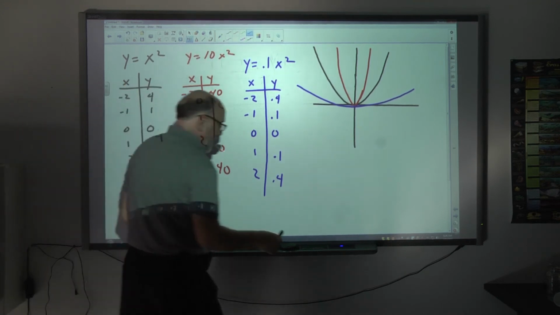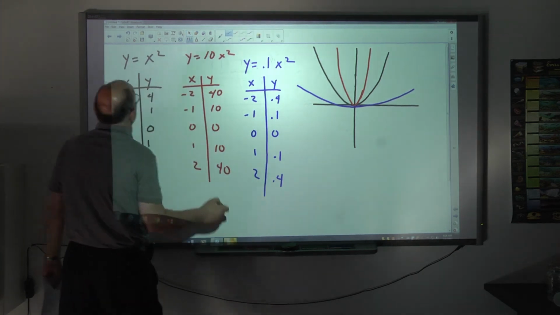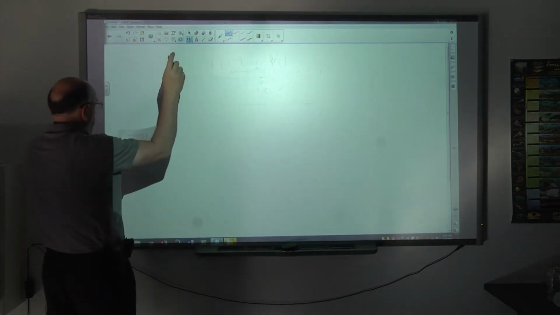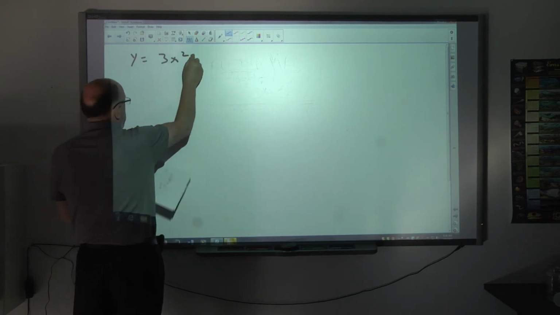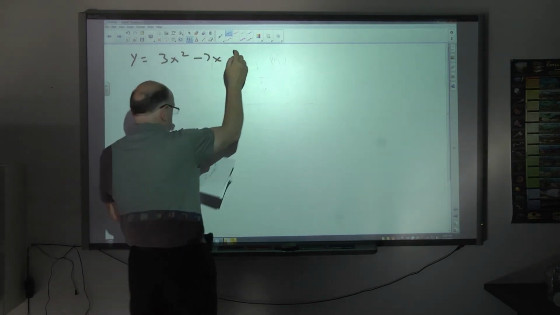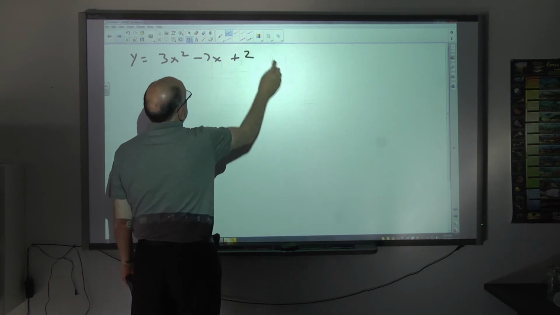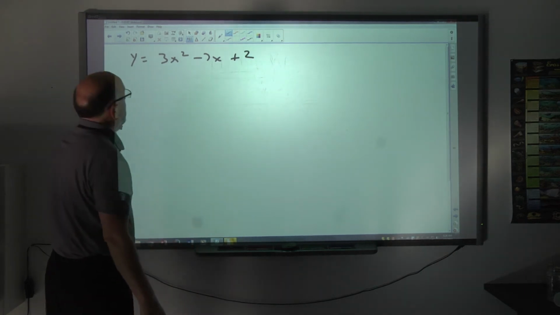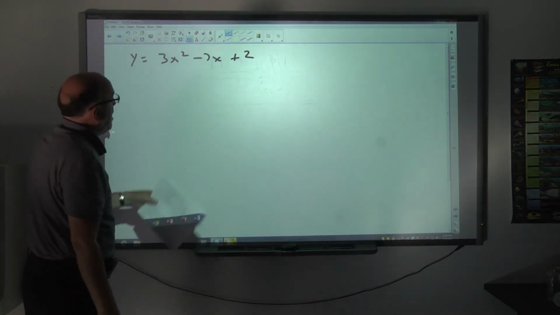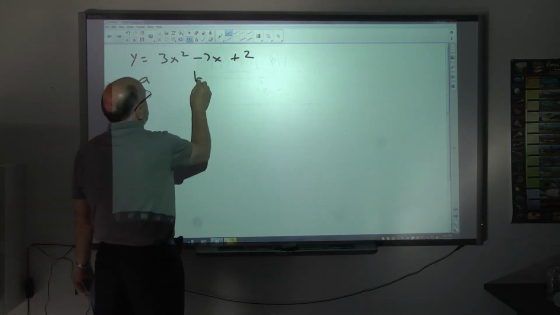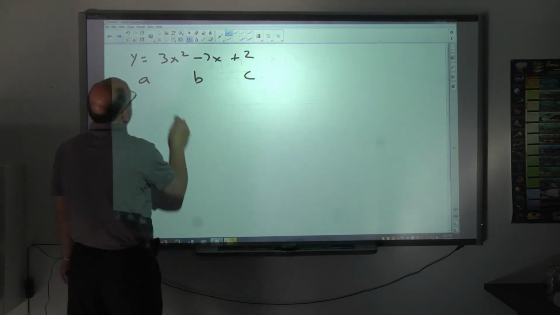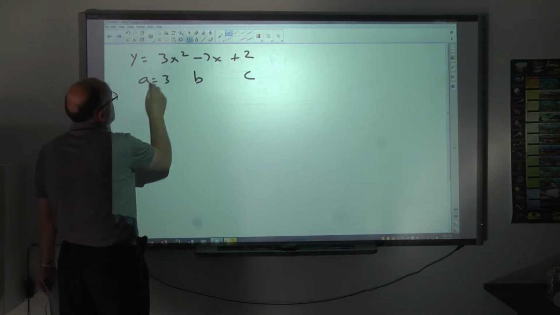So let's say we have y equals 3x squared minus 7x plus 2. First, we want to know our a, b, and c. A is the number in front of the x squared, which is 3.